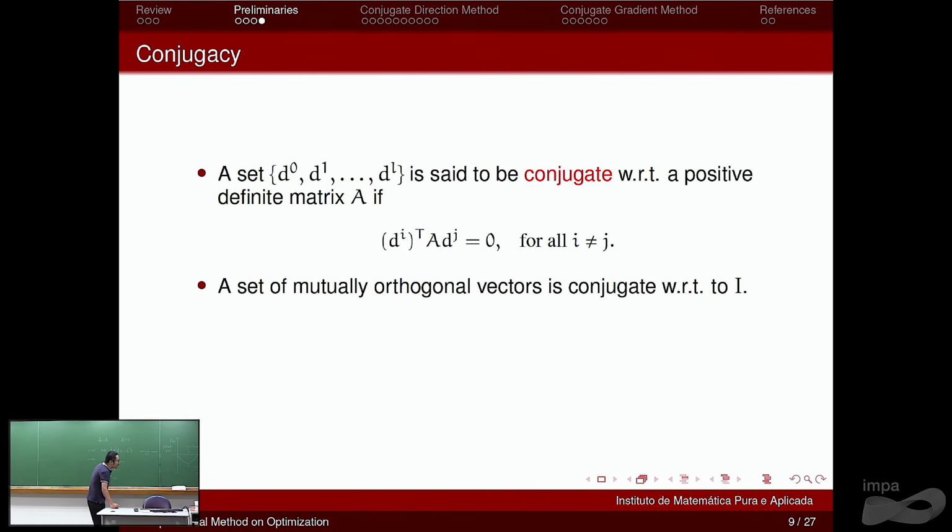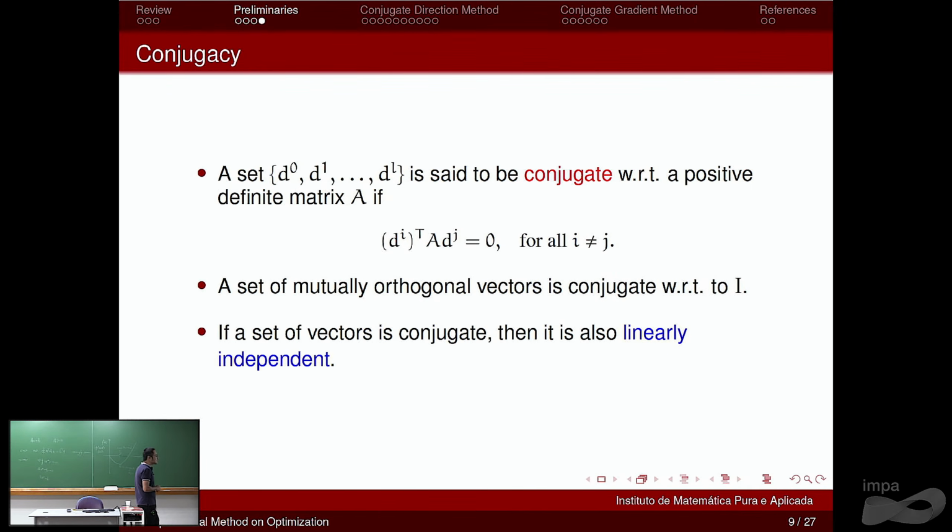So a set of mutually orthogonal vectors is conjugate with respect to the identity. We can get this immediately. And if a set of vectors is conjugate, then it is also linearly independent. Actually, you can get this property very easily just by checking the definition of linear independence.